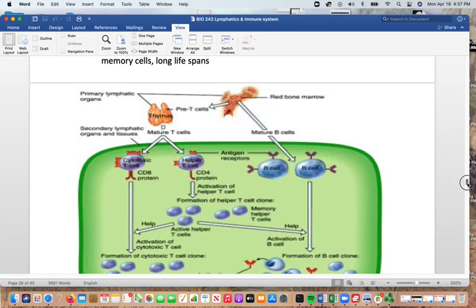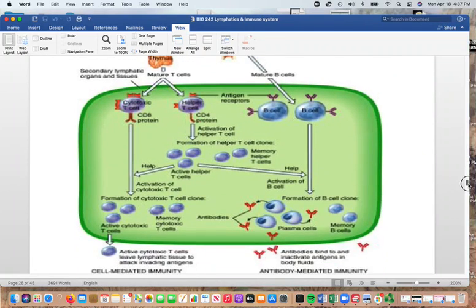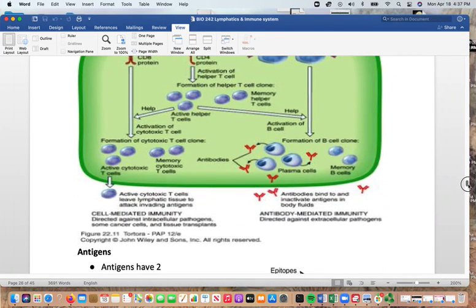So this just shows here how you've got your primary lymphatic organs, the thymus and the red marrow, and the mature T cells that are going to come from the thymus, the mature B cells that come from the bone marrow. And so you can see how it will lead to your antibody-mediated immunity and your cell-mediated immunity.